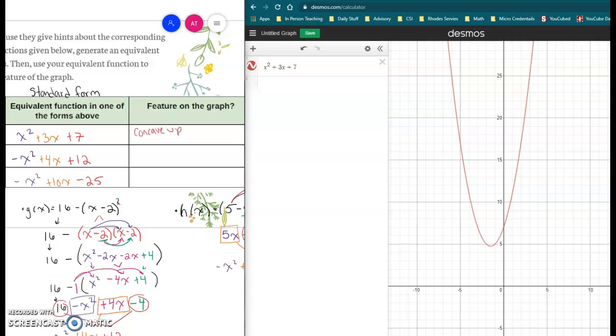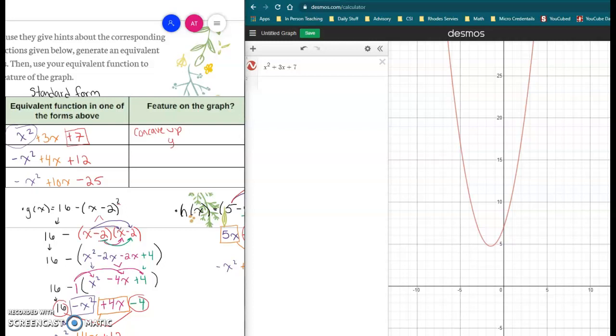And what actually tells you if it's going to be concave down or up, it's super cool. We actually look at the x squared to determine if it's going to be concave up or down. So in this case, this is a positive x squared, meaning it's going to be concave up. That's why it's concave up. I can also tell you what the y-intercept is without even looking. So the y-intercept is actually the last number right here, our coefficient that is completely alone.